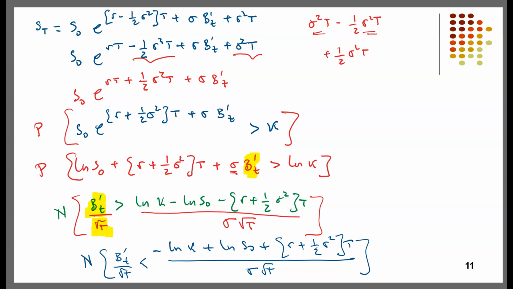Now we could rewrite this term here as follows. We're going to have log of S0 divided by K plus r plus 1/2 of the variance, and then we multiply that by t, and we divide that by standard deviation square root of t, and then we're going to call that d1.